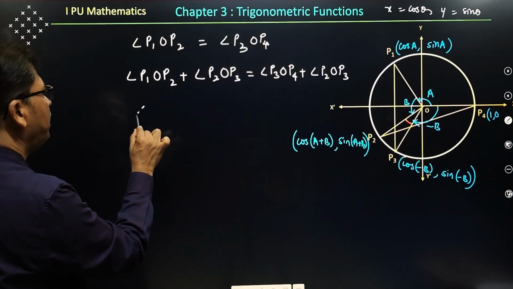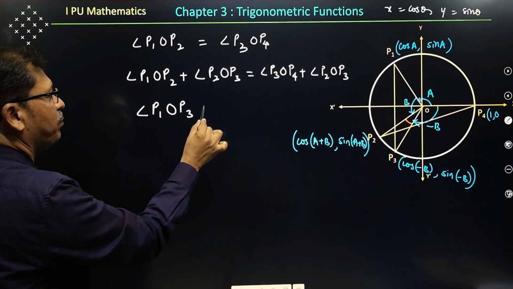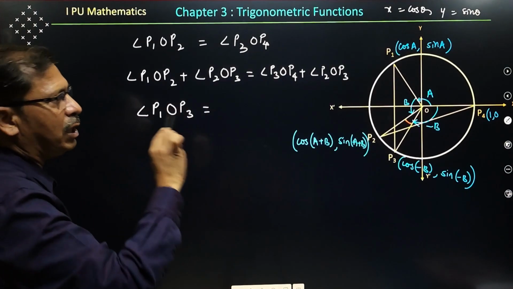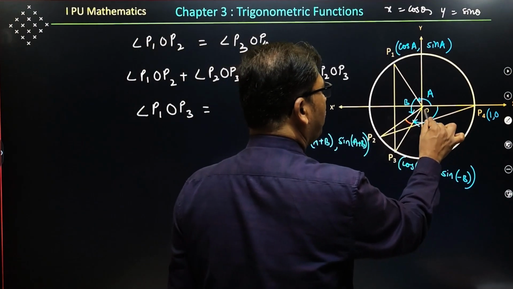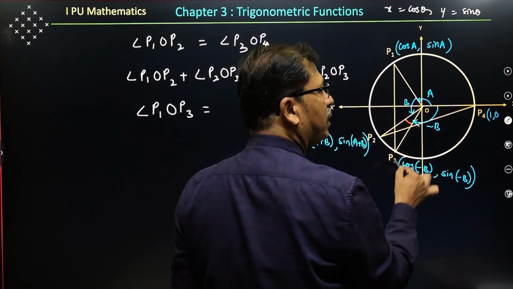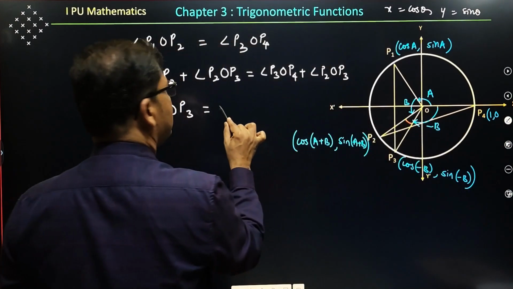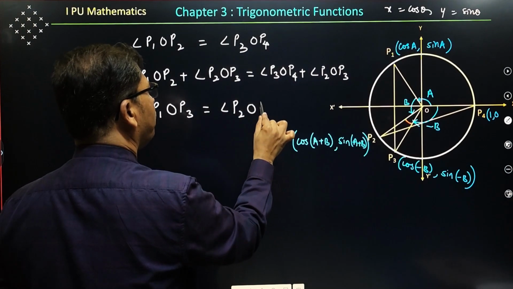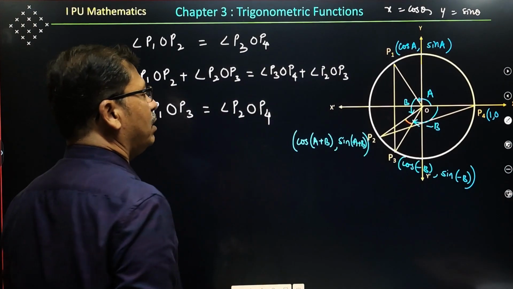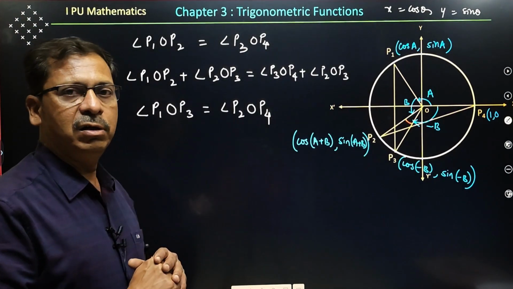This is angle P1 O P3. Look carefully at the diagram. This is equal to, on the right side, P3 O P4. For P3 O P4 I have added P2 O P3. By the addition it becomes P2 O P4. This is angle P2 O P4.